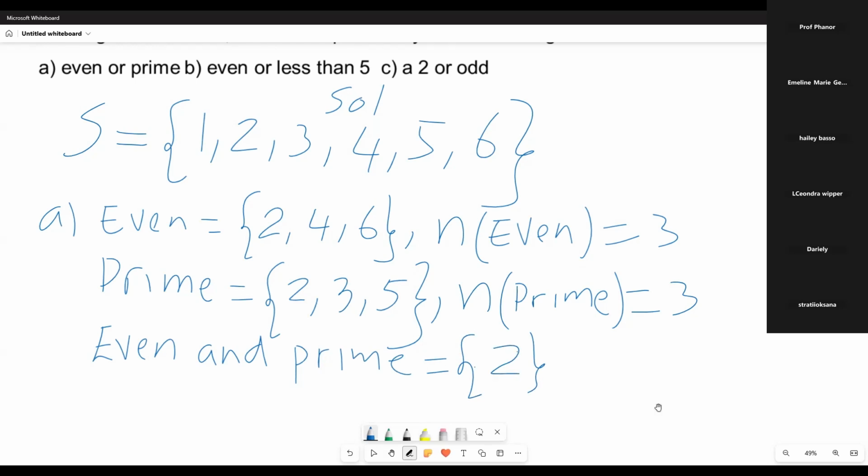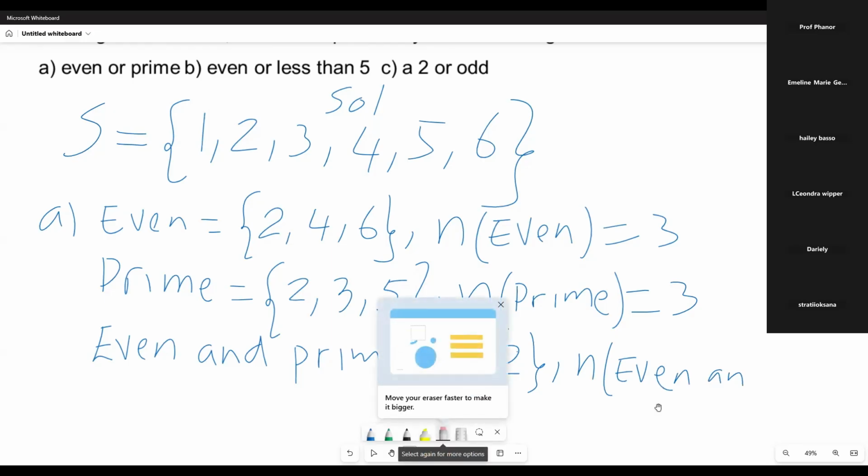Make sense? Yes. And then n of even and prime, I'm going to use E for event and then P for prime.